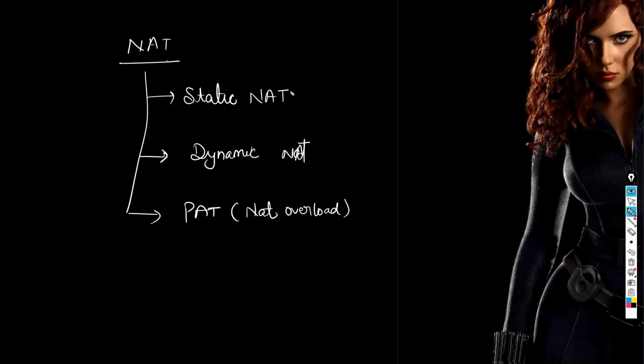But it's also divided in one more categorization, based on where we are doing the NAT. Either we are doing the source IP translation, or we are doing the destination IP translation.